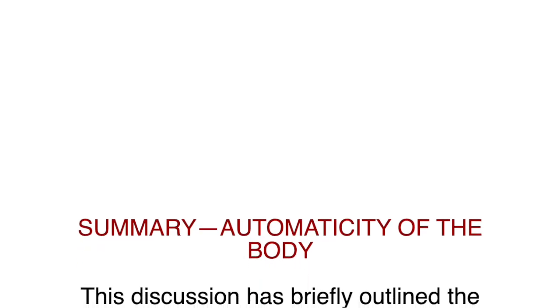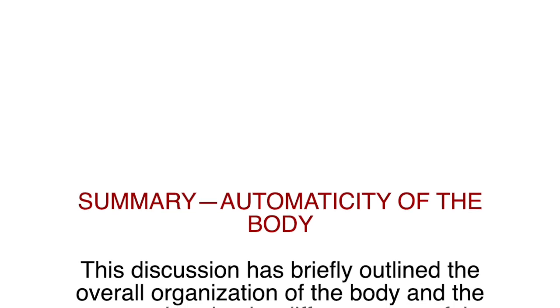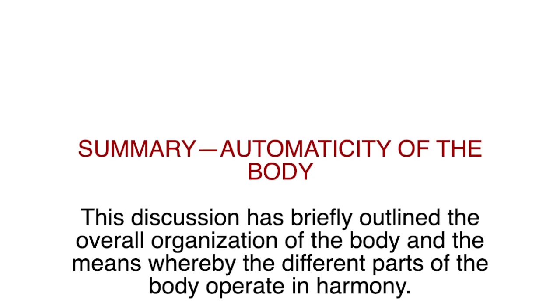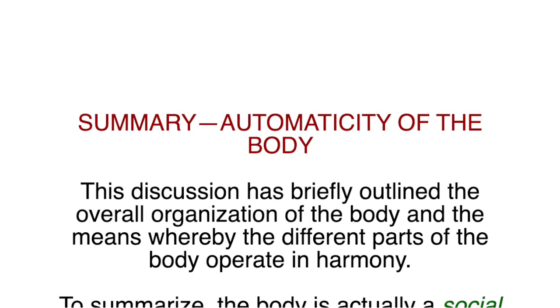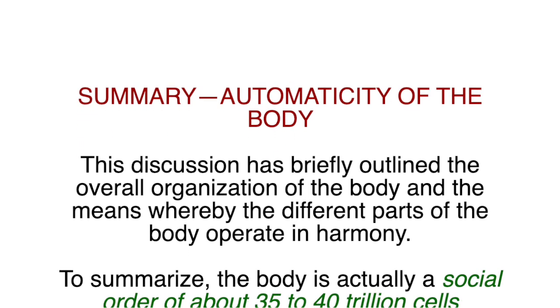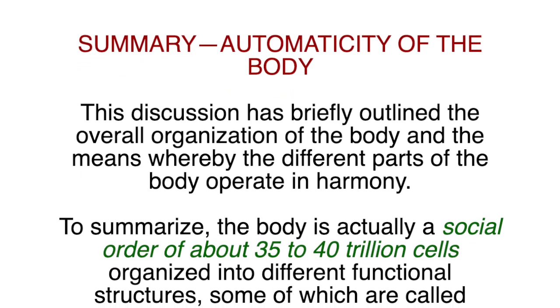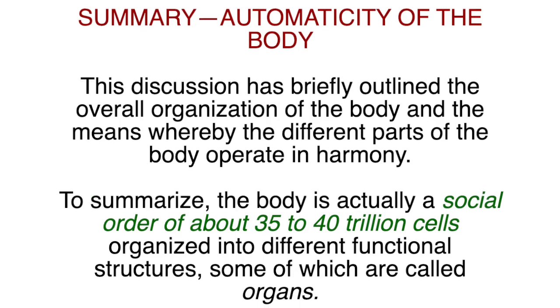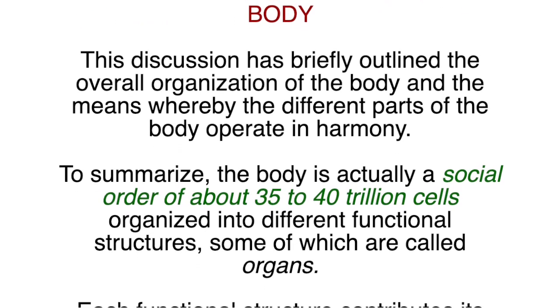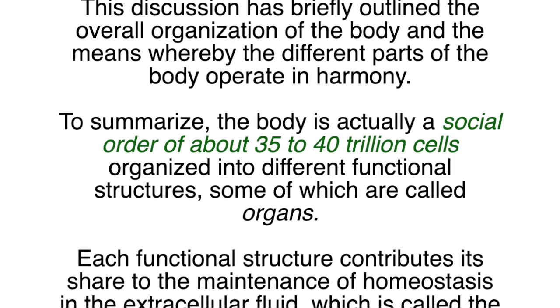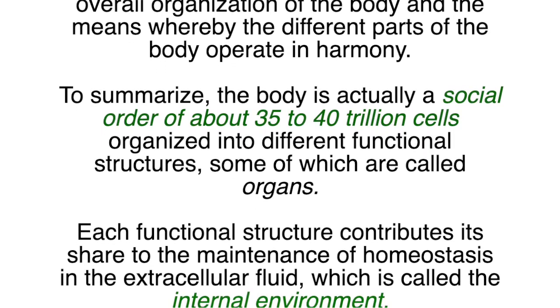Summary: automation of the body. This discussion has briefly outlined the overall organization of the body and the means whereby the different parts of the body operate in harmony. To summarize, the body is actually a social order of about 35 to 40 trillion cells organized into different functional structures, some of which are called organs.